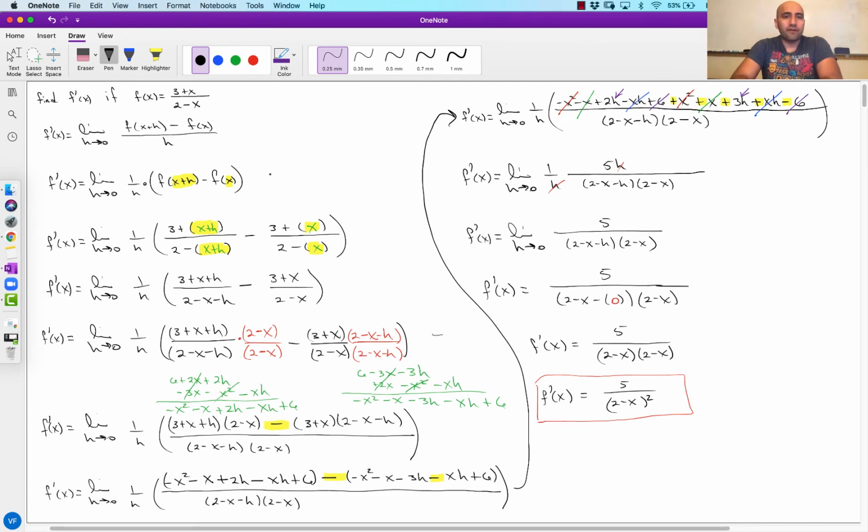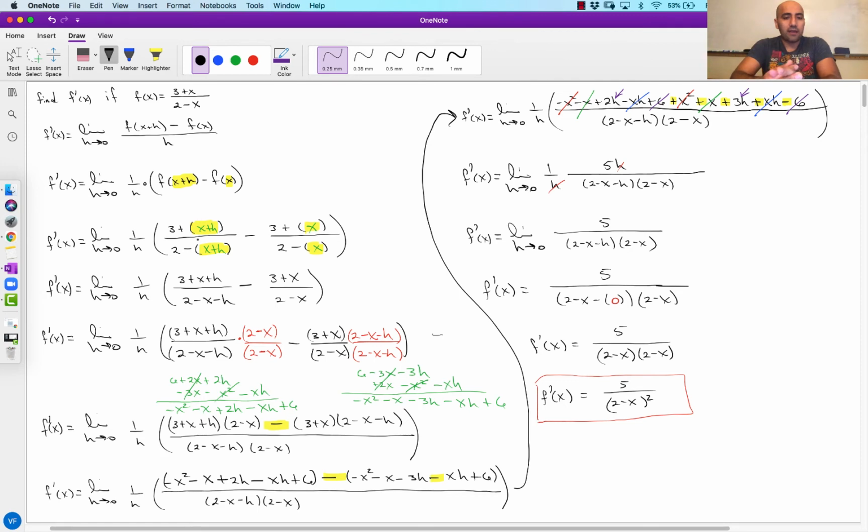Okay, so if the function given is f of x equals this rational function, 3 plus x divided by 2 minus x, and you're asked to find the derivative, go back to the limit definition of derivative. So here it is, and then be very careful with our substitution so that we can evaluate the given function at x plus h, and then subtract off the given function evaluated at x.